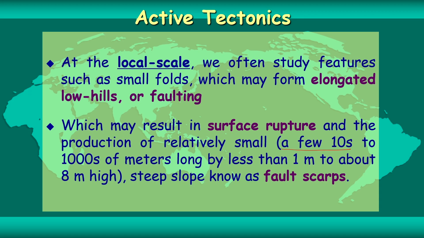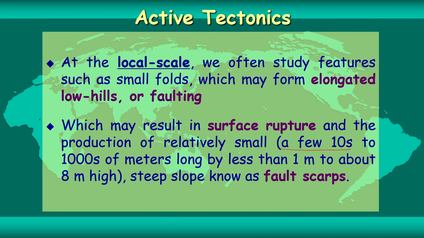Okay, when we study landforms, we look at even a small scale feature on the surface. An undulation on the surface should not be taken lightly. Okay. It may be indicative of past earthquakes. Okay.